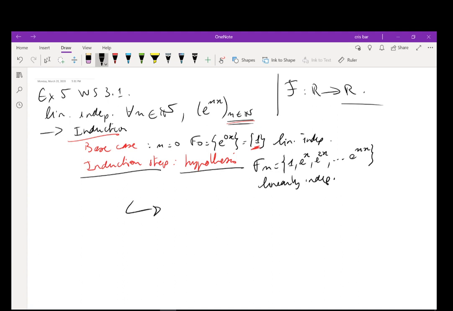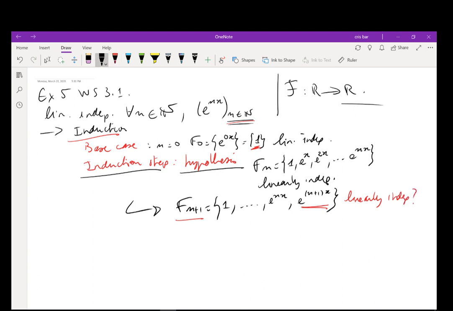We want to show that the family at rank n plus 1, which is the same one as before, except that we go one step beyond, so we add that last function, is linearly independent.